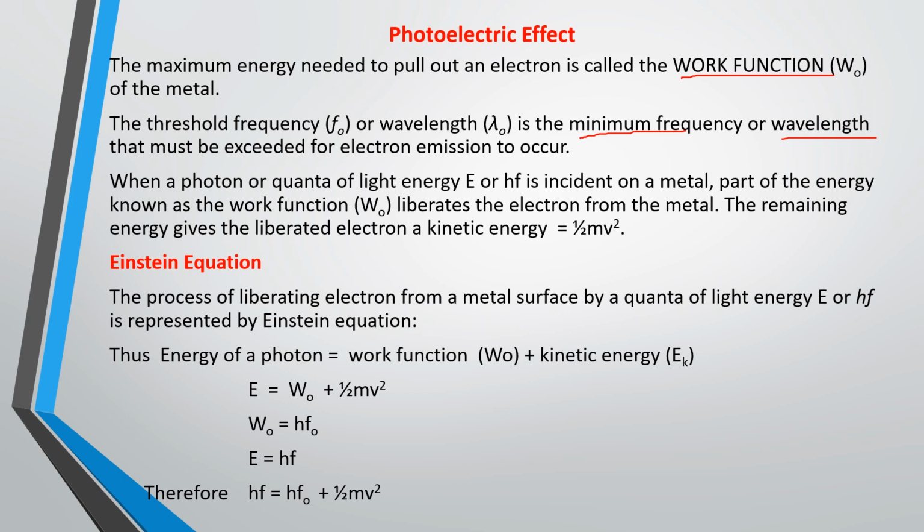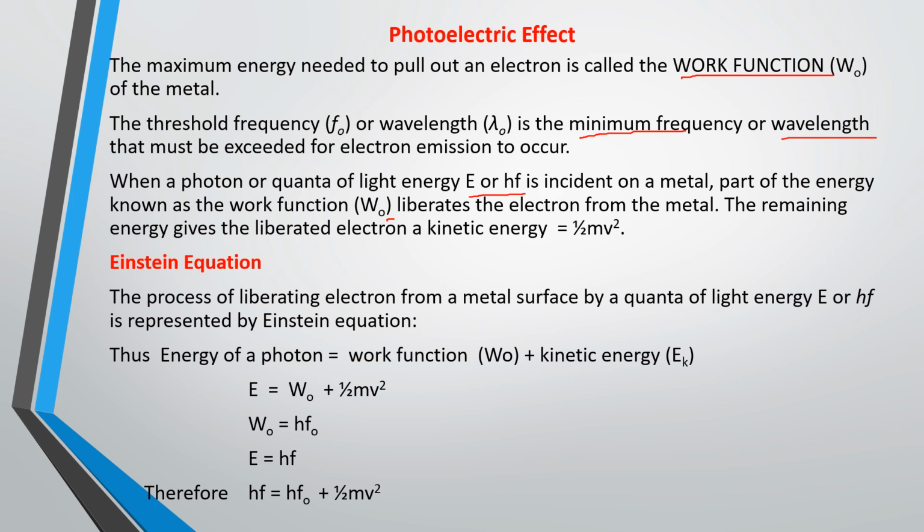So when a photon or quanta of light energy E or hf is incident on a metal surface, part of the energy, known as the work function, is used to liberate the electron from the metal surface, as we said before. Then the remaining energy is used to accelerate the electron after it has been released from the metal surface. So you have two energies there.